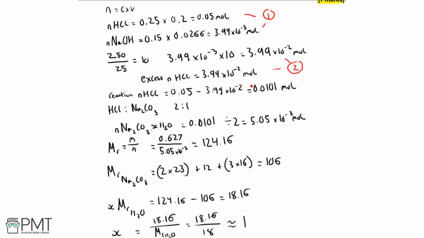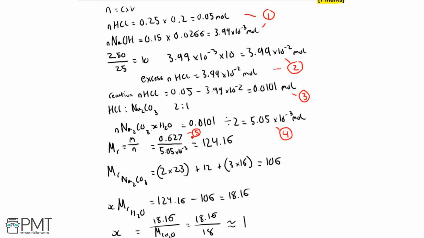The third mark then comes from finding the moles of hydrochloric acid that reacted. The fourth comes from the moles of sodium carbonate that reacted. And the fifth comes from converting the milligrams of the mass given into grams.